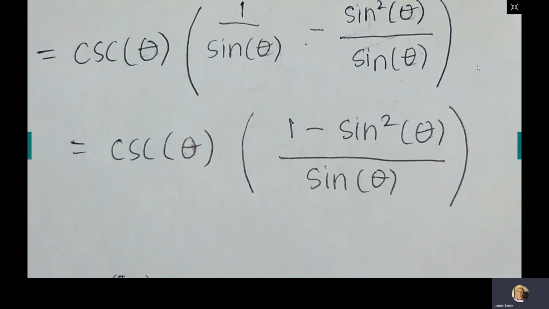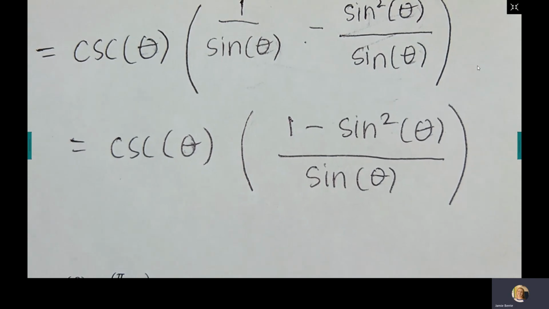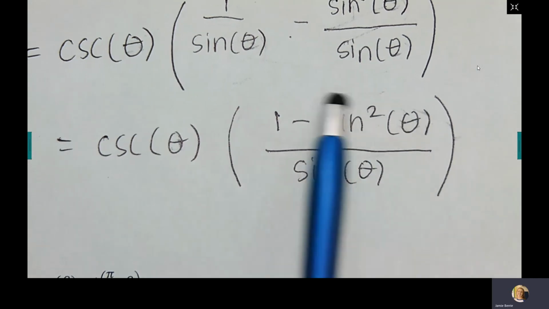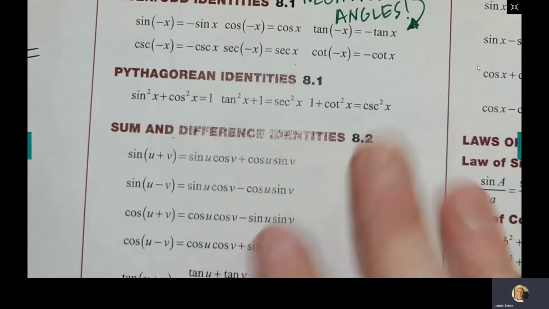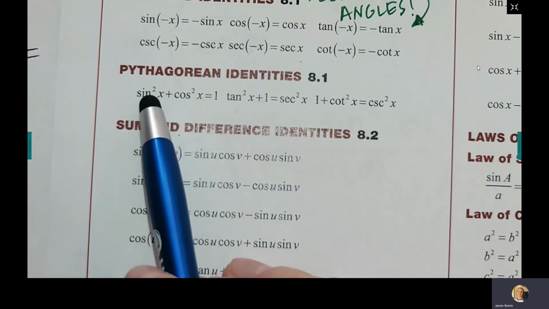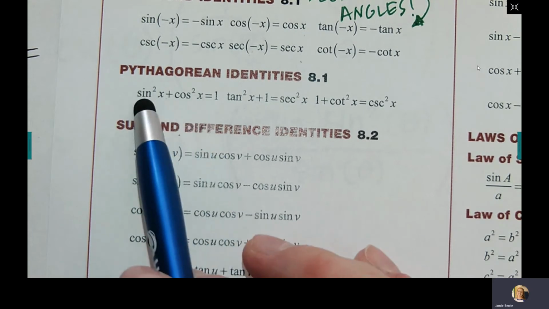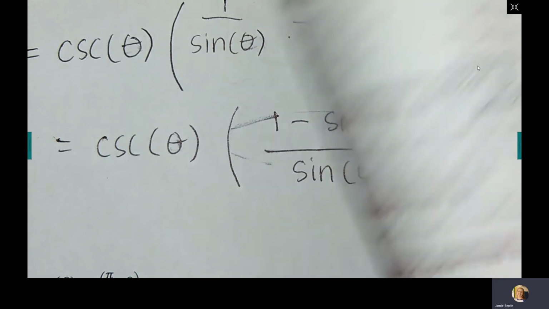I see a couple of ways that we could proceed from here. I'm not sure what the best way to go is. So I'll just tell you, if I was doing this on my own, I would say, okay, well, this looks like something I could use a Pythagorean identity on. So I'm going to just look at my Pythagorean identities. The one on the left is the one that involves sine. So I'm going to have to do a little bit of rearranging here. I need it to be in the form 1 minus sine squared.